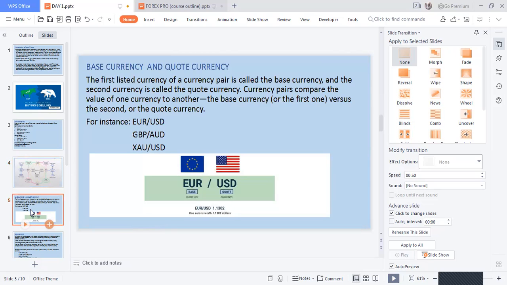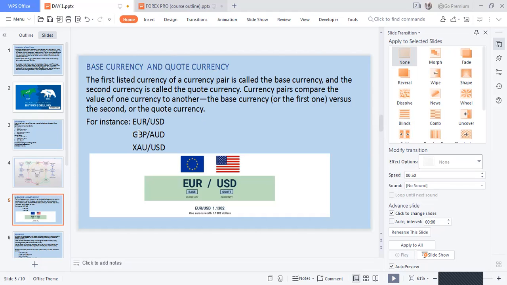Now, currency pairs. We have two types of currency in the currency pair. We have the base currency and we have the quote currency. The base currency is the first listed currency of the currency pair, while the quote currency is the second listed currency, as you can see.